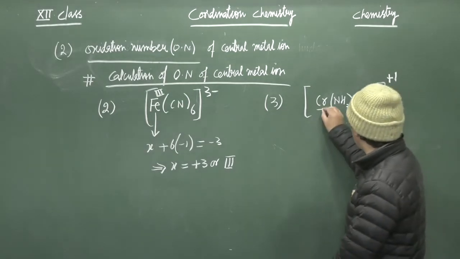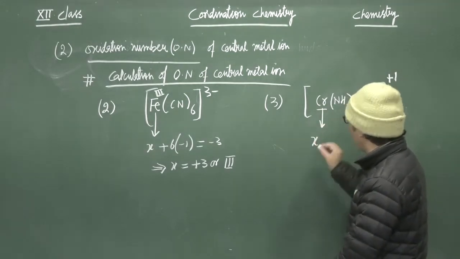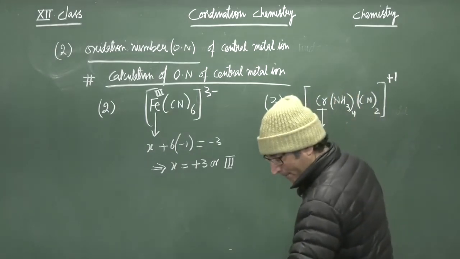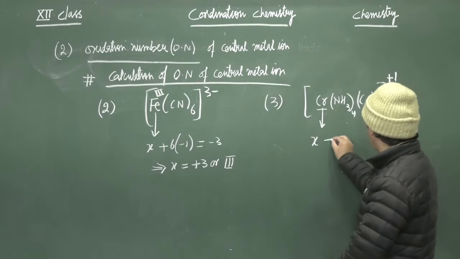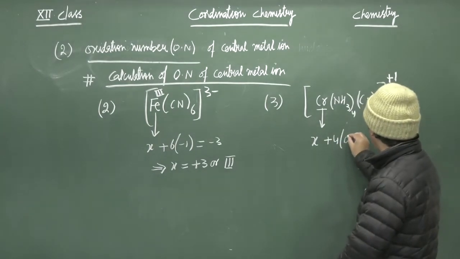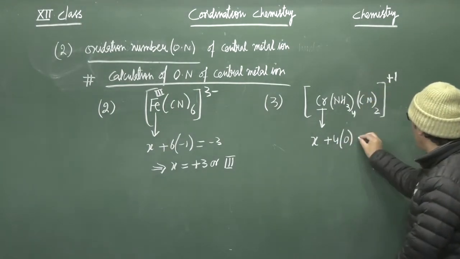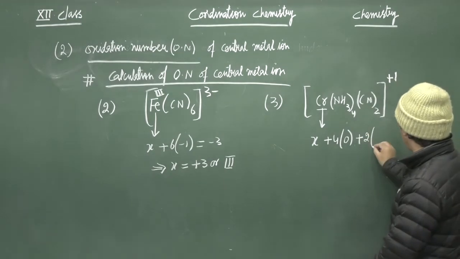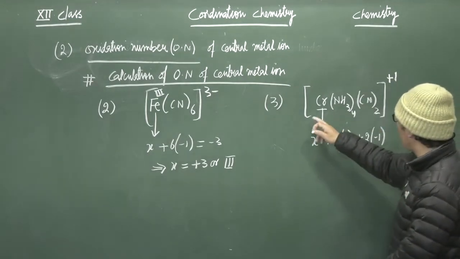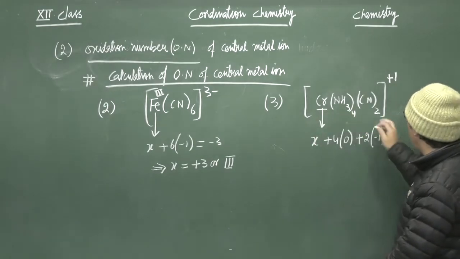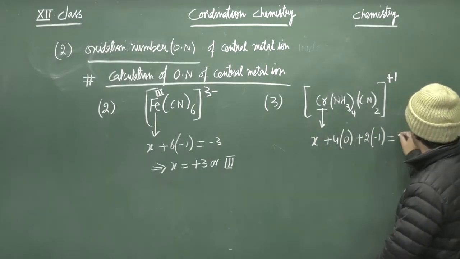Put it equal to some variable, let it be X. Then add up the charges. Plus 4 ammonia, each ammonia is neutral. There are 2 cyanide, each cyanide has a charge of -1, and this sum of the charges on these various entities will be equal to the net charge +1.